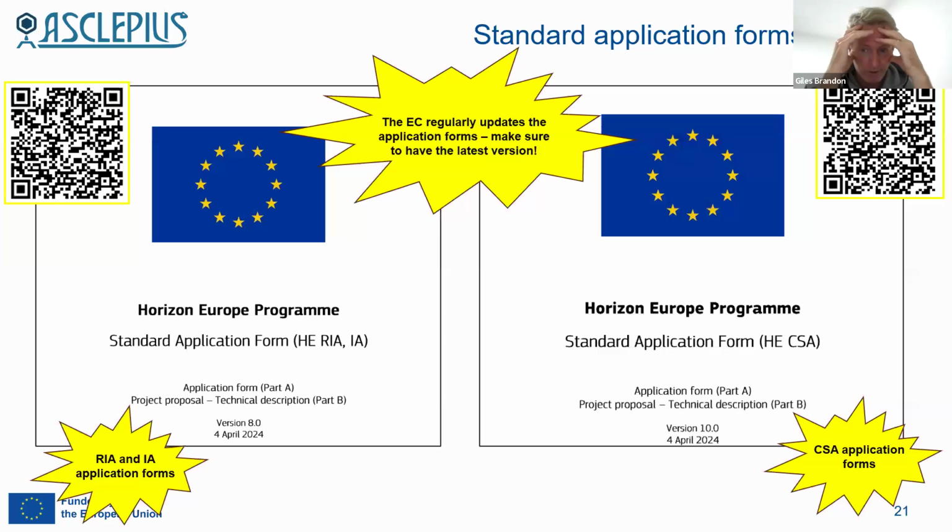Certainly, what you need to be careful of is, if you're involved in writing Horizon Europe proposals from one year to the next, it's very easy and it's rather dangerous to sort of end up grabbing the old application form from 1 or 2 years ago. If you do that, there's a risk that you suddenly got one that's out of date and you're missing some important new subsection or part of the application form.